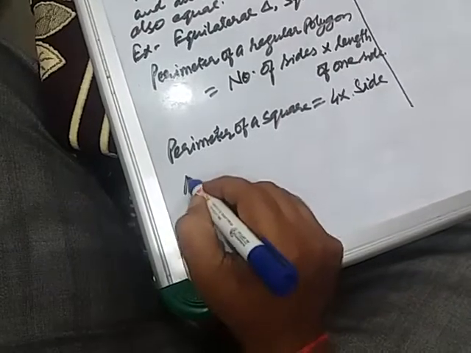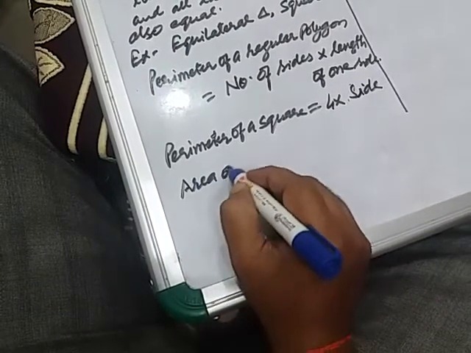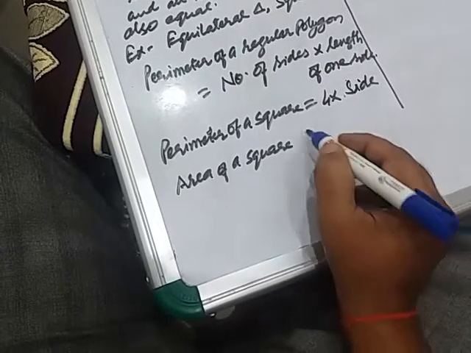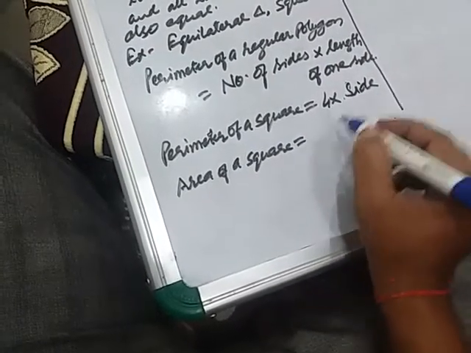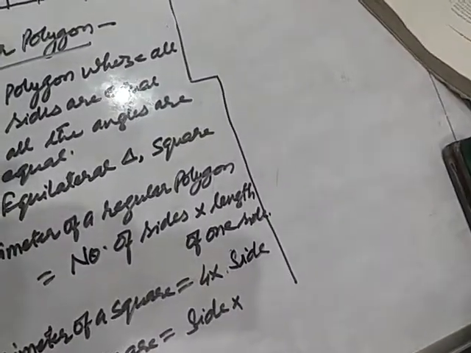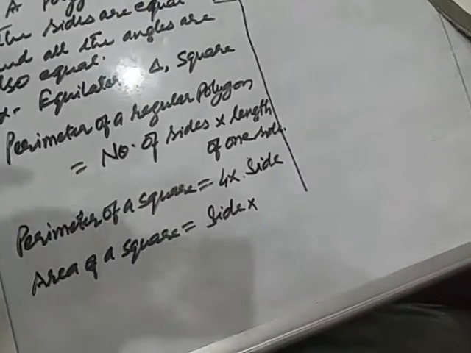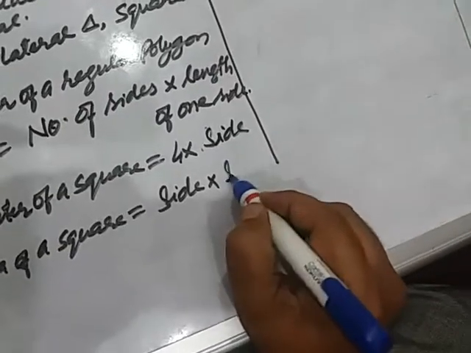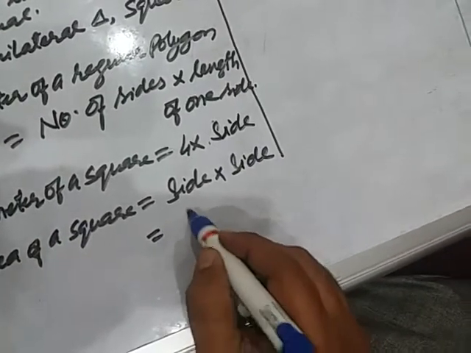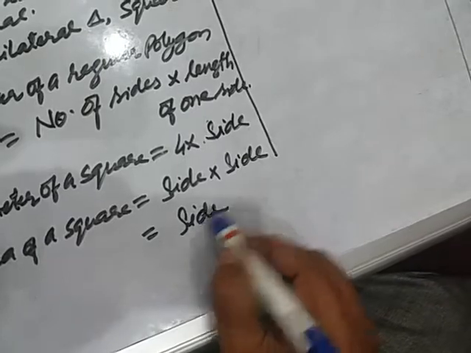Now area of a square is equal to side into side, that is, you can write it as side squared.